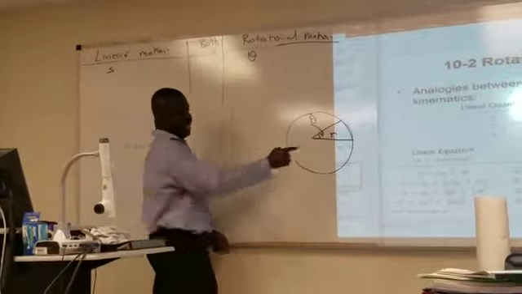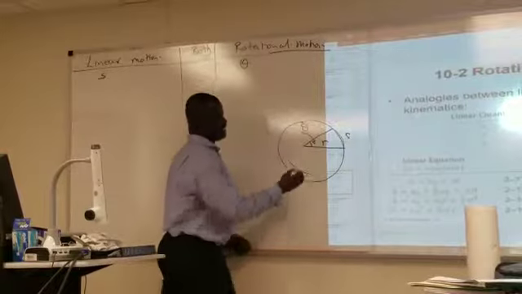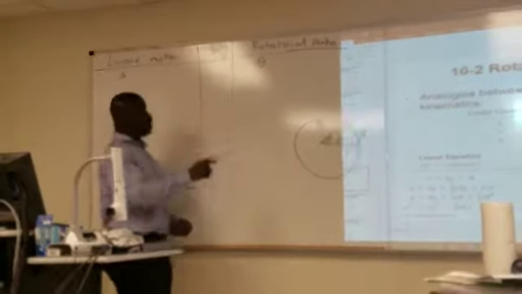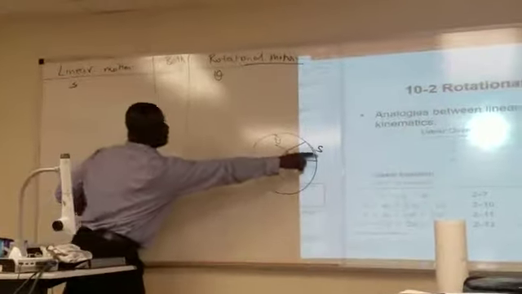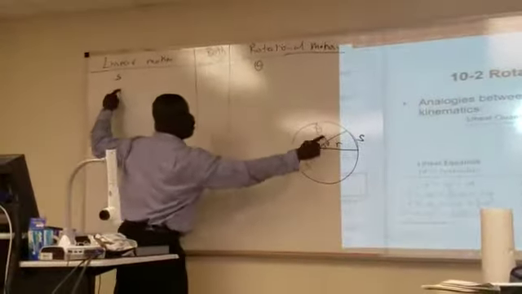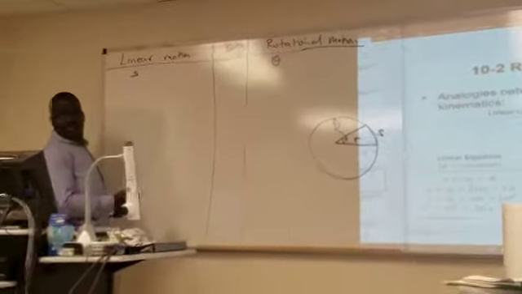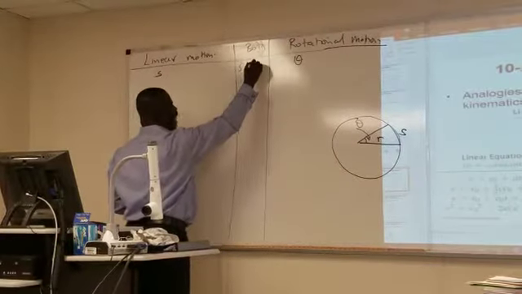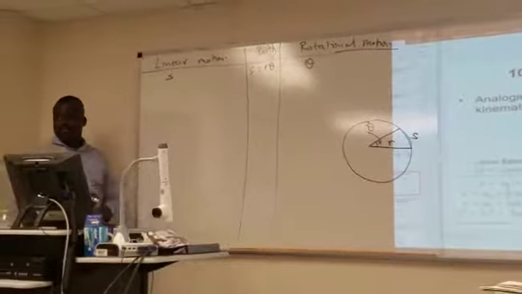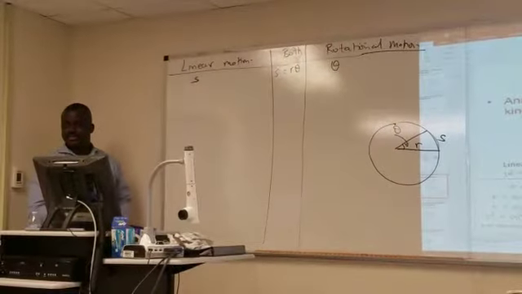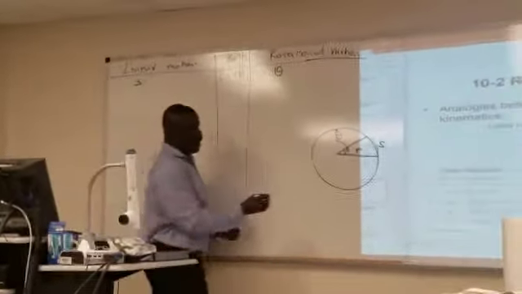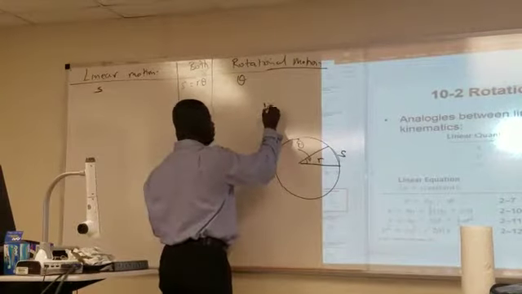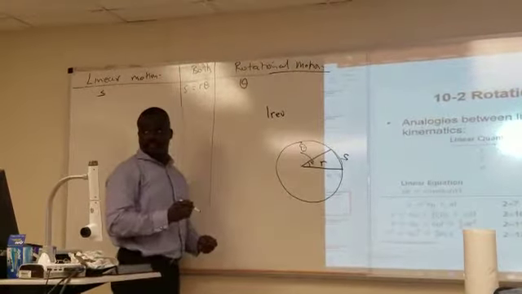Is that clear? And it moves a small distance, let's call it S. Now you have your distance over here and your angle over here. So the link between that is going to be R theta.